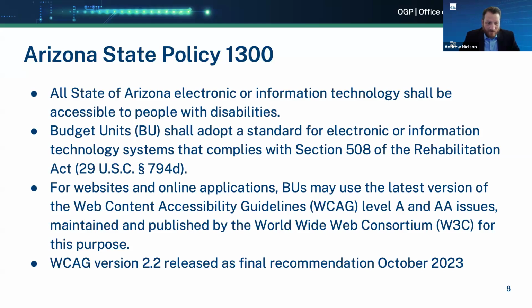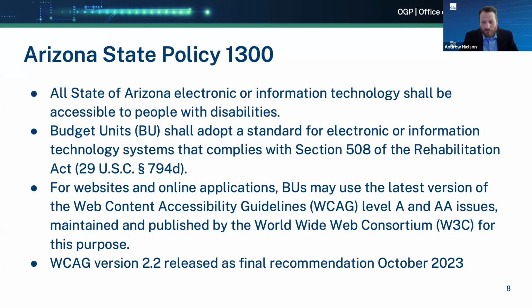And the World Wide Web Consortium released version 2.2 of the Web Content Accessibility Guidelines in October of 2023, so a year ago. So we have maybe not quite exactly aligned standards, Section 508 at version 2.0 of WCAG, but also has standards for software and hardware that the Arizona state policy refers to.